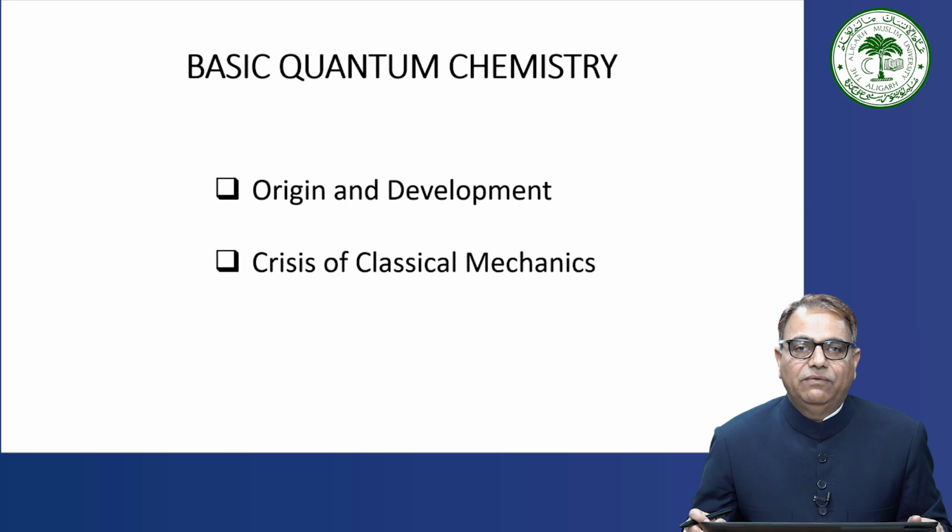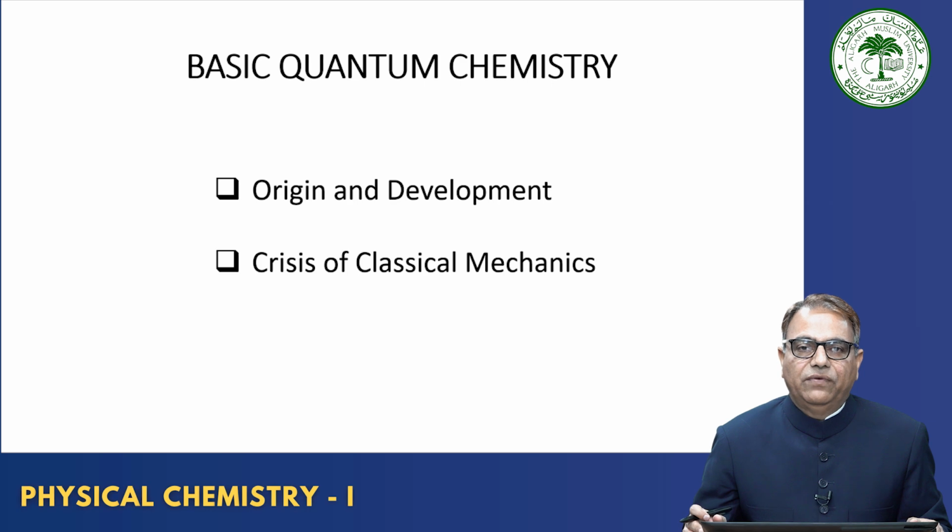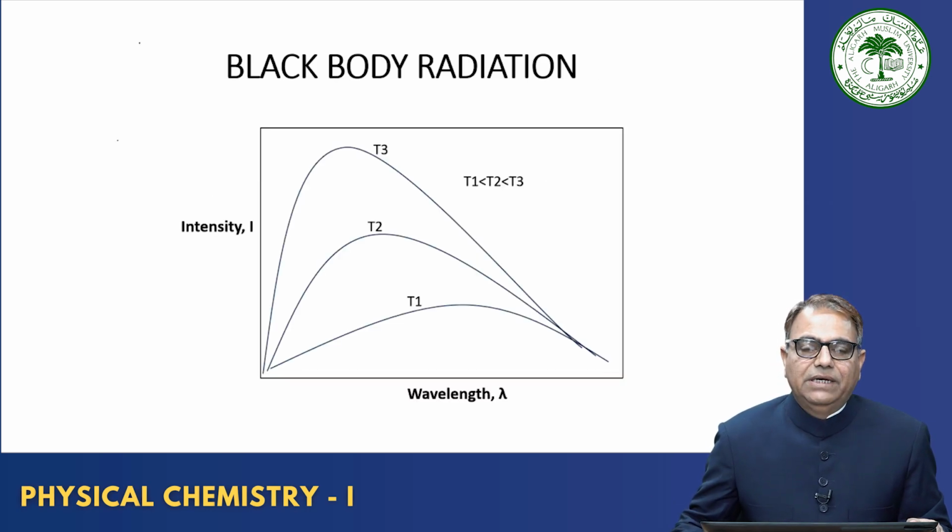What was unknown? We talked about blackbody radiation. In blackbody radiation, when we plot a curve of intensity versus wavelength, we get a curve like this one, which is temperature dependent.